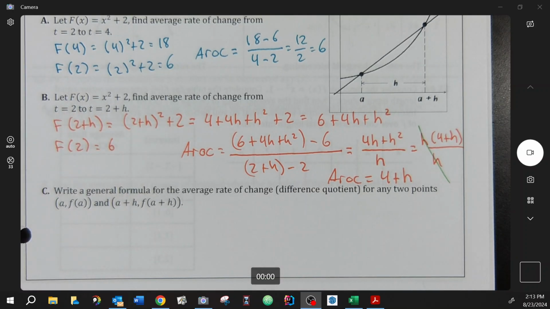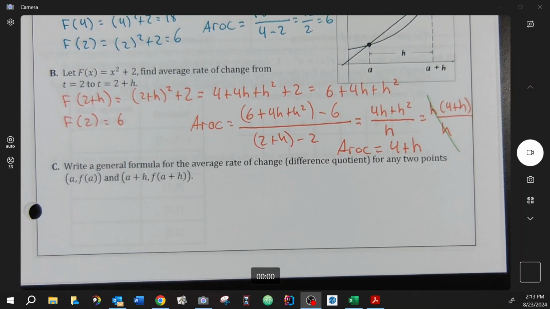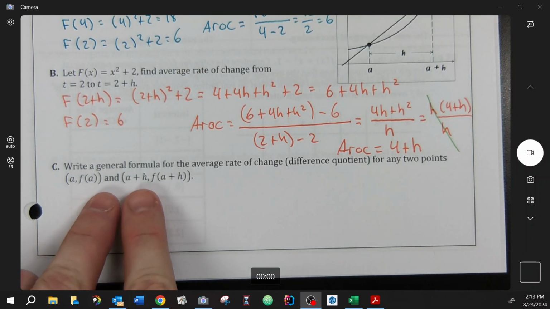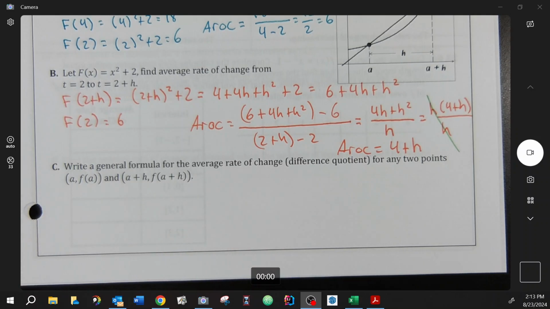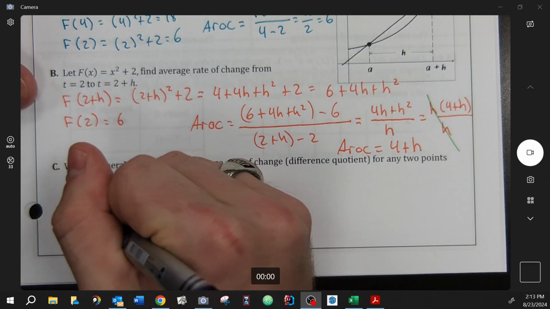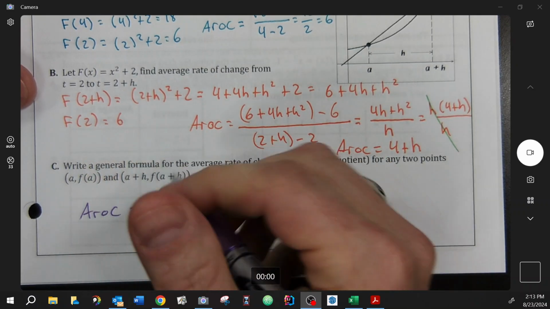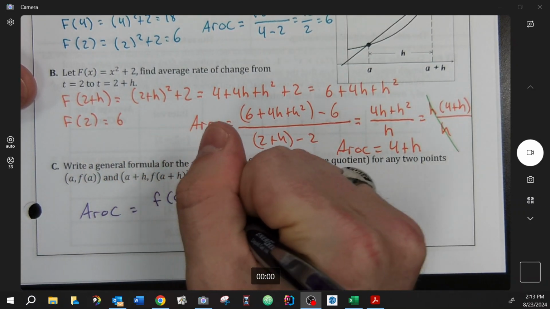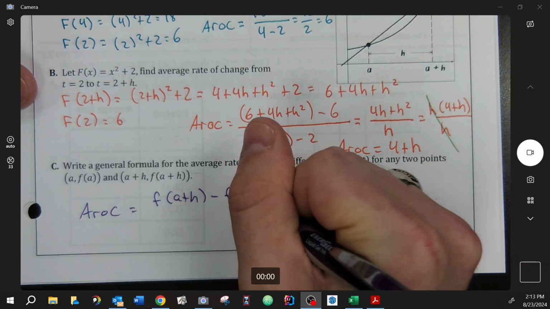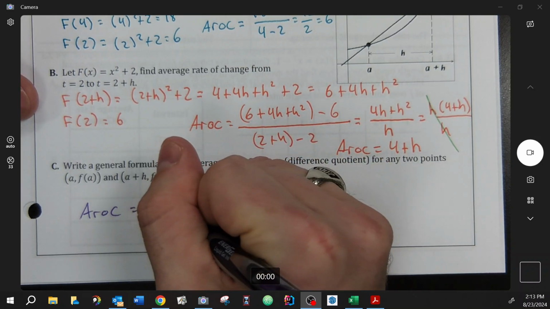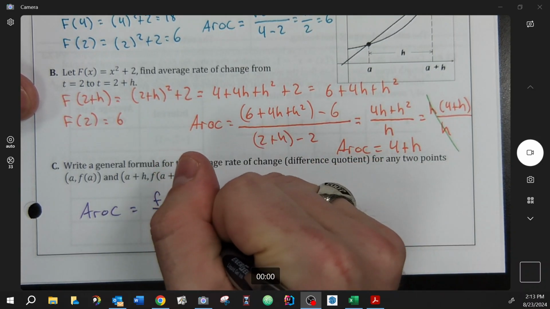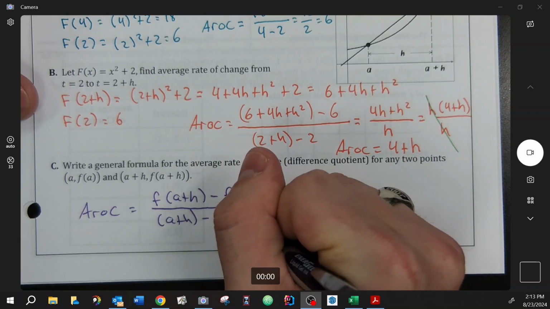No, you're fine. And then, what if both things were generic, not just one of them? Let's find the slope between these two generic points. y2 minus y1 over x2 minus x1.